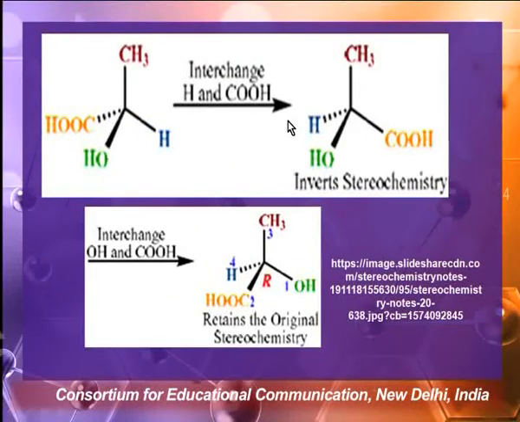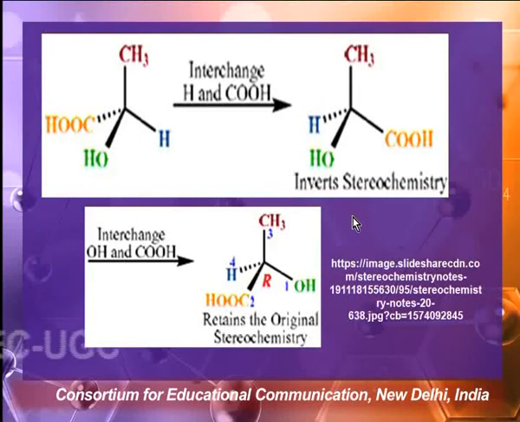So I'll just take this last example to explain this with the help of a compound. In this case we find that the group having lowest priority, that is hydrogen, is again on the plane of the paper. So what we do, we swap the groups, and we interchange H with COOH, so that the H goes behind the plane, and then we make a second interchange between the COOH group and the OH group.